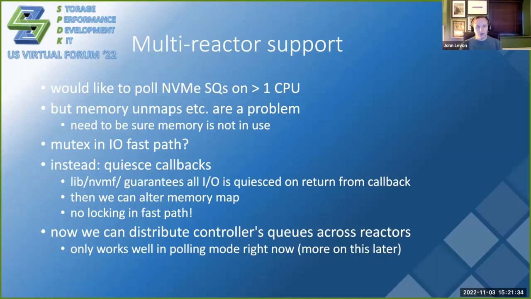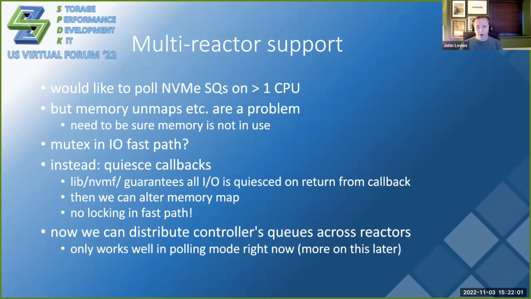The solution was introducing the idea of quiesce callbacks. And this allows the device implementation in SPDK to ensure that all I/O is quiesced at the point of that callback. And then the VFIO-user library is able to alter the memory map and be sure that none of the I/O handling is happening for that area of memory, and it avoids the need for any of the locking in the fast I/O path.